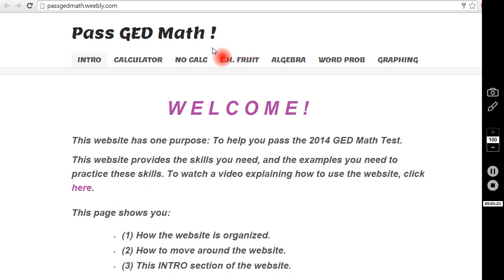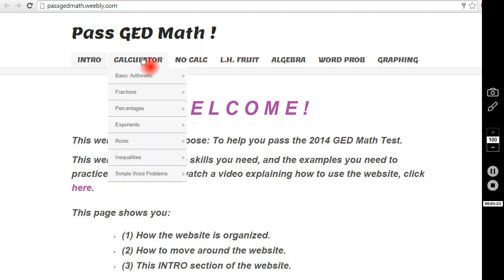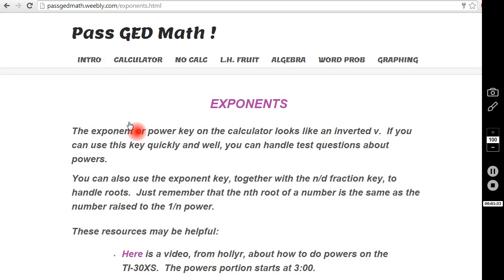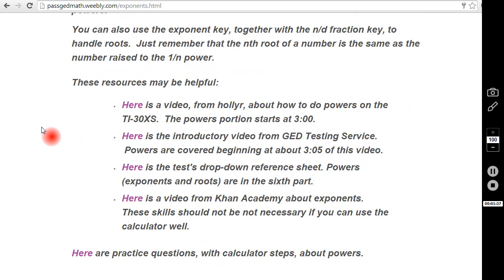The pages in the calculator section, as you can see from the drop-down menu, show you how to use the calculator. Let's look, for example, at the exponents page. I'll click on that here. And here, as you can see, are internet lessons, not necessarily about the arithmetic, but about using the calculator.